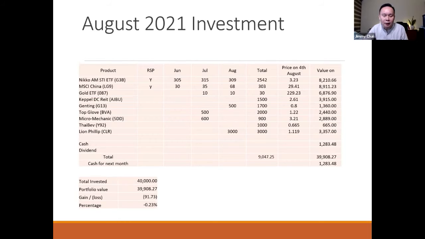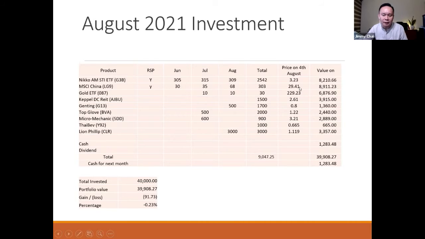So this is what I have for this month. The Nikko AM STI is the one that goes with RSP, and the China LG9, which is the A50, is on RSP as well. But this month, on top of the RSP, which is $1,000, I decided to double up.